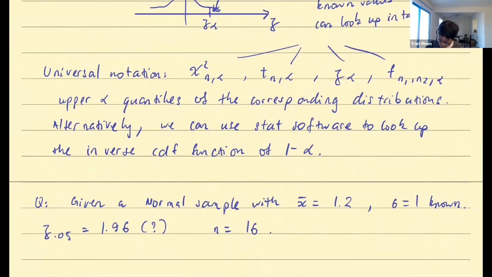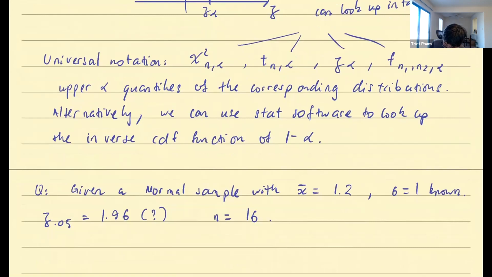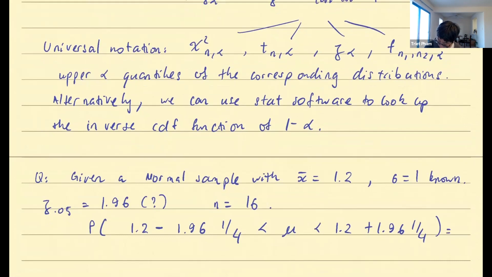So based on the above recipe, you're saying the probability that the unknown mean mu of this normal distribution belongs to 1.2 minus 1.96 times sigma over root n, less than mu, less than 1.2 plus 1.96 times 1 over 4, will be 0.95, because that's in between.